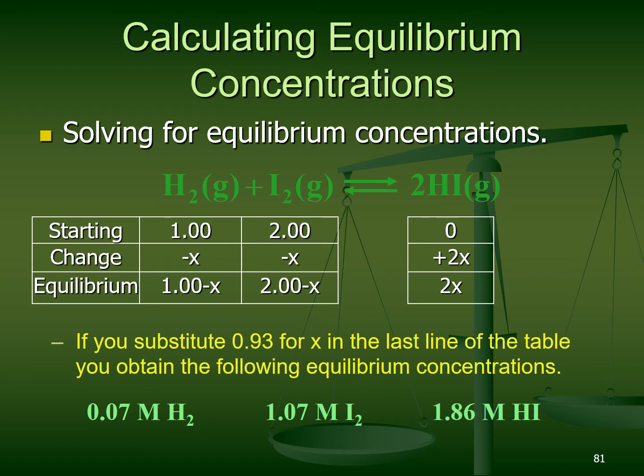So again, we plug that in, and 1 minus 0.93 gives us 0.07 H2. 2 minus 0.93 gives us 1.07 of I2, and then 2 times 0.93 gives us 1.86.